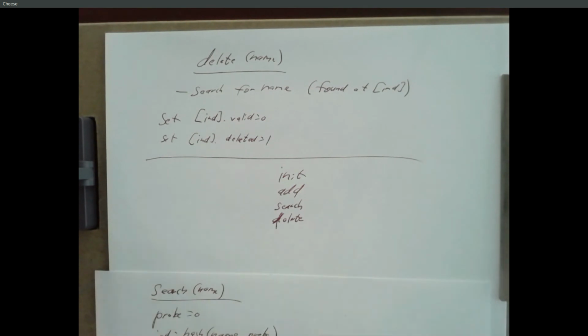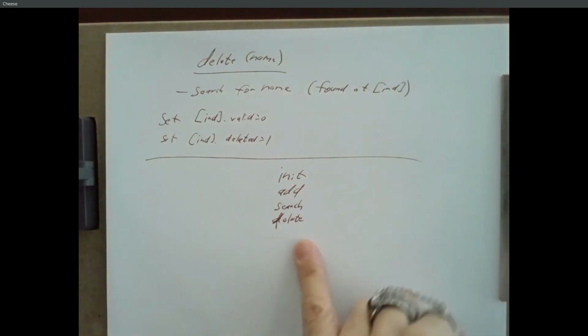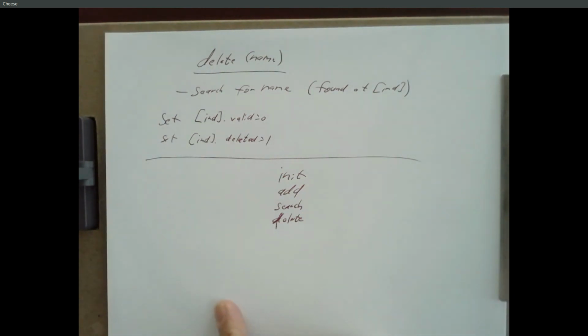And everything else is going to be magic that happens inside these. And if you download a package for doing hashes, it'll have its own initialize, add, search, and delete functions. You can just call those instead. And now you have different mechanics going on underneath the hood, but your program's working exactly the same as far as its functional behavior. Just different implementation.